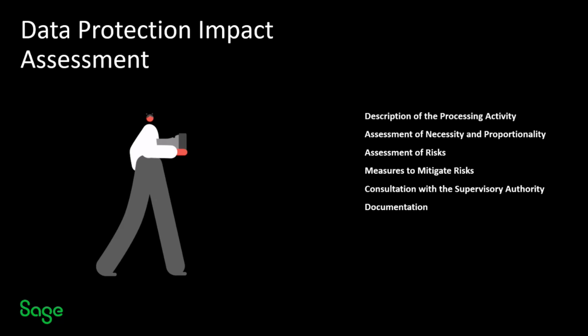And in our case, I've already looked at the idea that in Sage CRM, we can pass data out to, for example, MailChimp, or we could be creating email campaigns internally within Sage CRM, or we could be writing mailshots directly from Sage CRM.